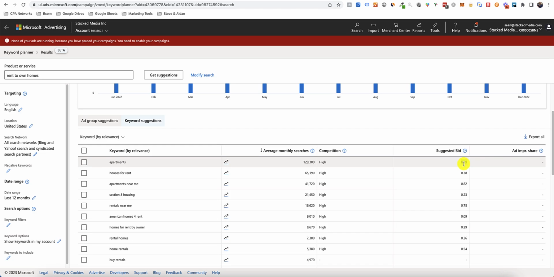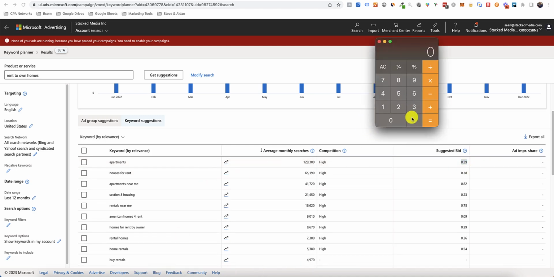So what I would do is take this suggested bid and multiply it by 2. 0.39 multiplied by 2. And that means that it would cost me about 78 cents a lead, because every 2 people that click would become a lead on my page.